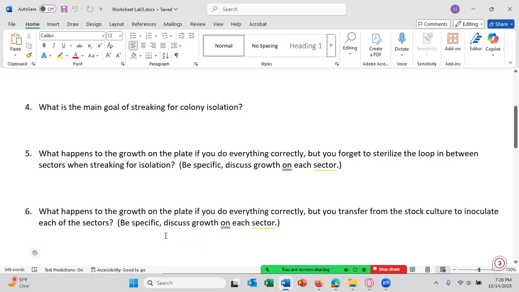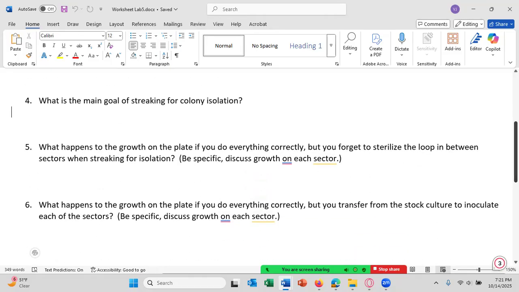So what's going to happen? You need to be specific, discussing the growth on each sector. If you don't discuss the growth on each sector, it'll be at least partly wrong, and it may be completely wrong.